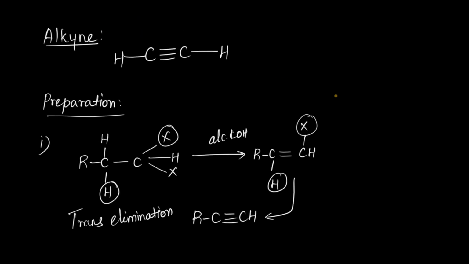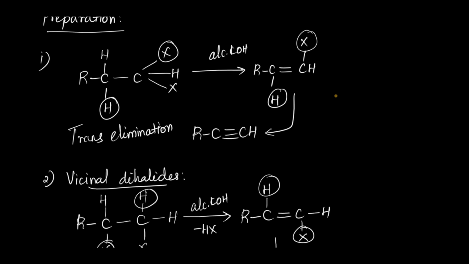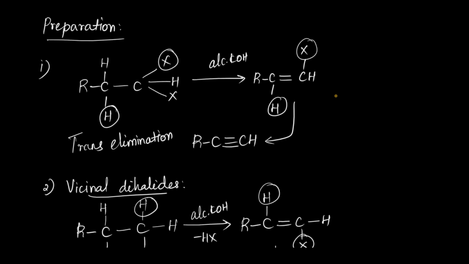The next one is alkynes, which have the formula CnH2n minus 2. Let's start with the preparation. From elimination of alkyl halides, we can prepare alkynes using alcoholic KOH.